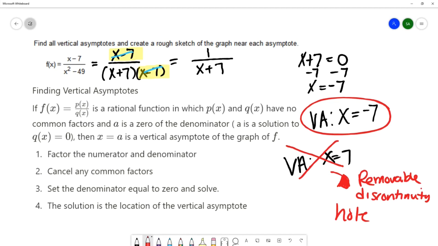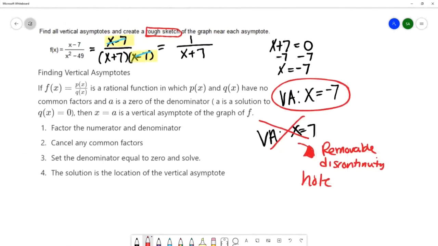Now we also want to come up with a rough sketch of what's happening near each asymptote. So I'm going to draw my number line, and on the number line I'm going to mark out where negative 7 is. And at that value, we're going to have that vertical asymptote. As long as I know the definition of the vertical asymptote, I'll be able to figure out how to sketch the graph near it.